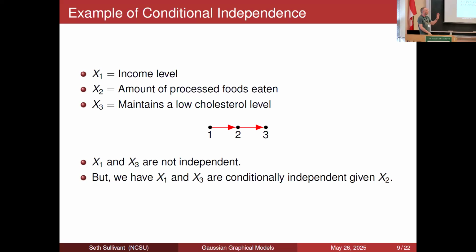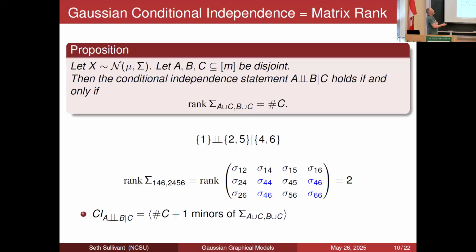But in the simplistic model, it's just that one in the middle. So conditioned on whether or not you're eating a lot of processed foods, knowing the income level doesn't affect our estimation of whether or not you have a low or high cholesterol.